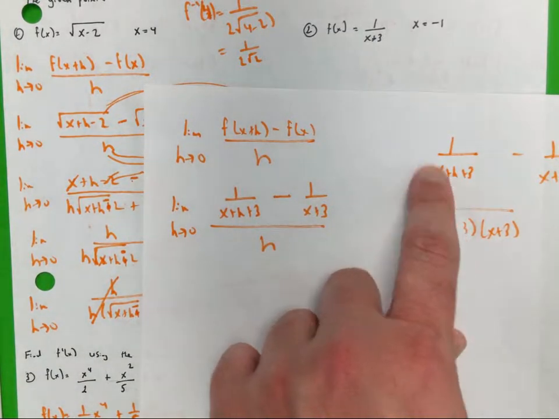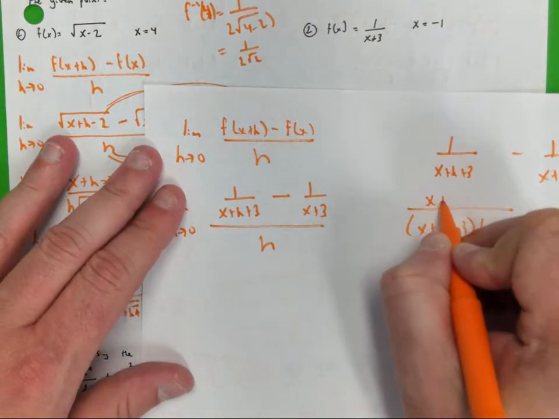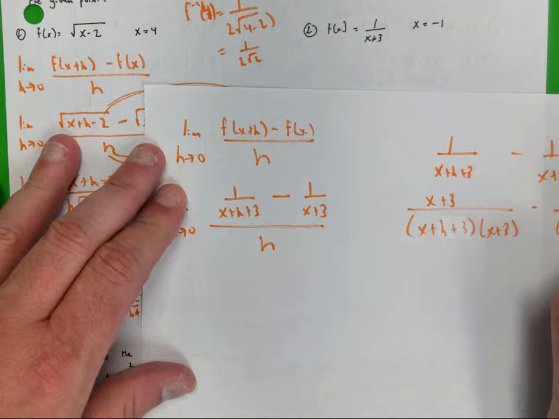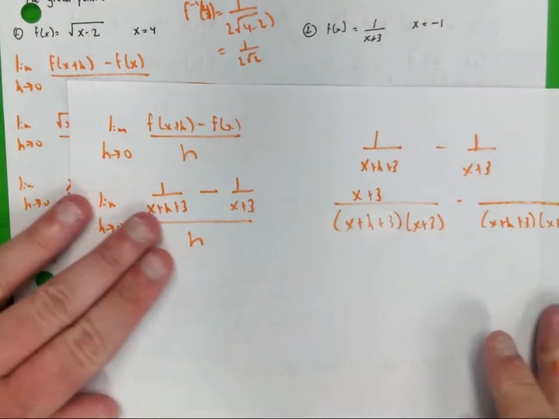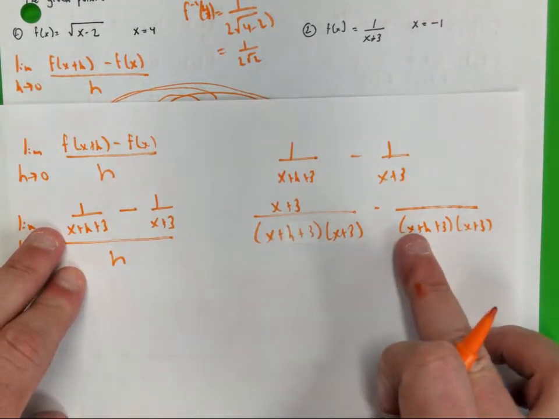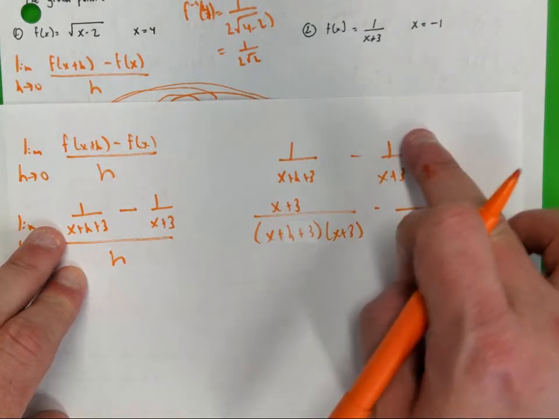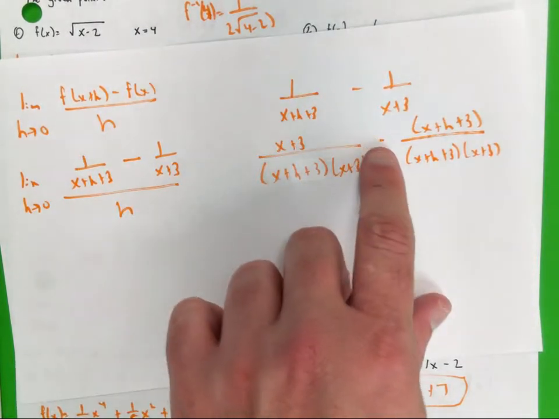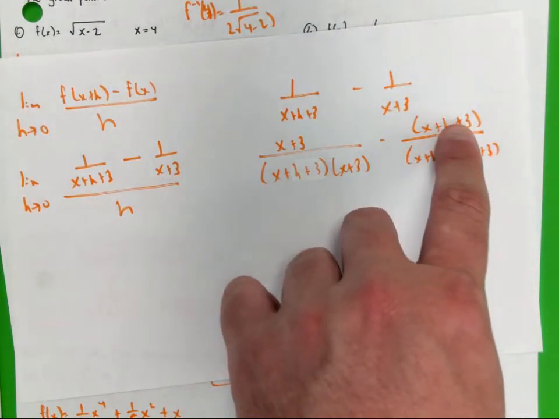This side was missing the x plus 3, so I'm going to multiply it by 1. I get x plus 3 up here. This side was missing the x plus h plus 3, so I'm going to multiply it up here. What is this minus going to do to everything up here?